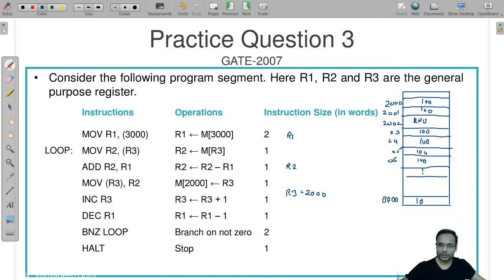Similarly, up to 2009 also 100. Let me make this 3000 a little further down. So the 3000 location contains value 10 and 2010 also has value 100.